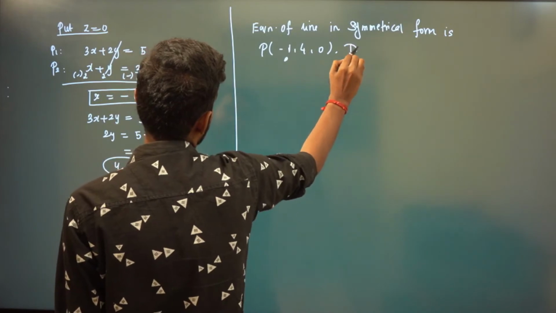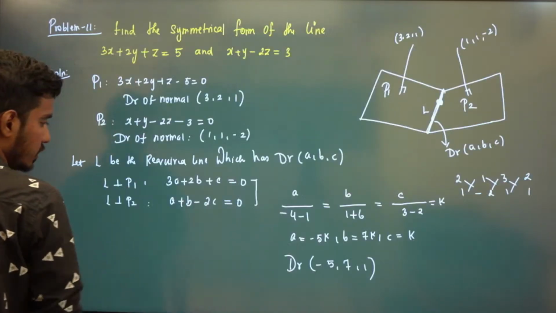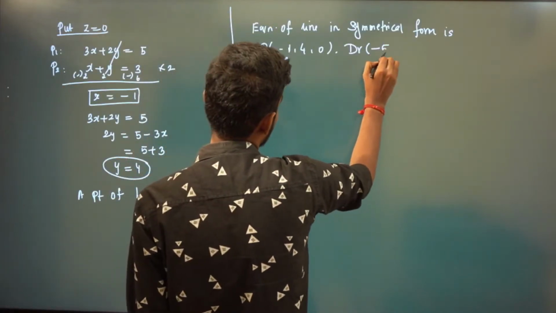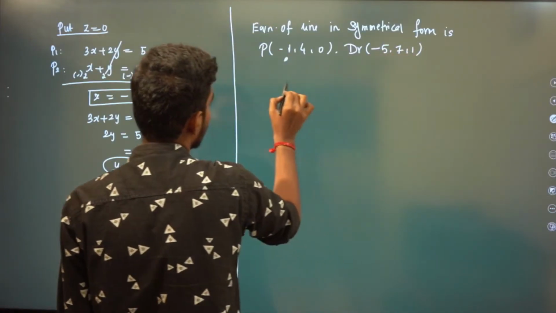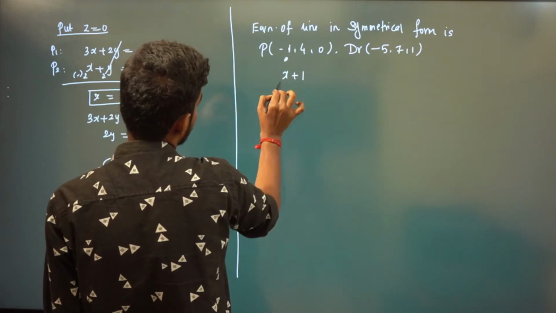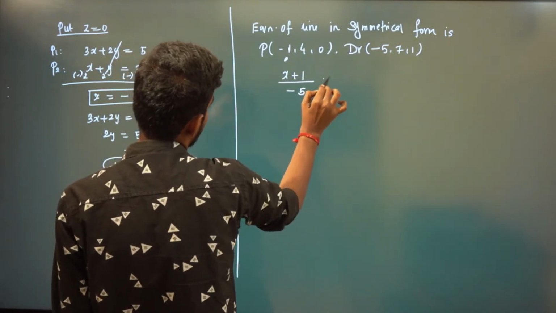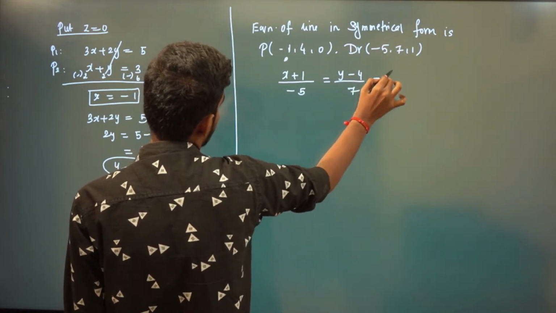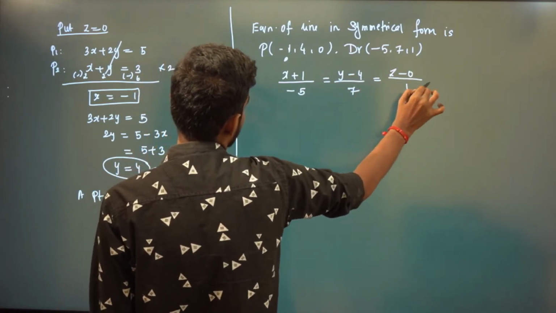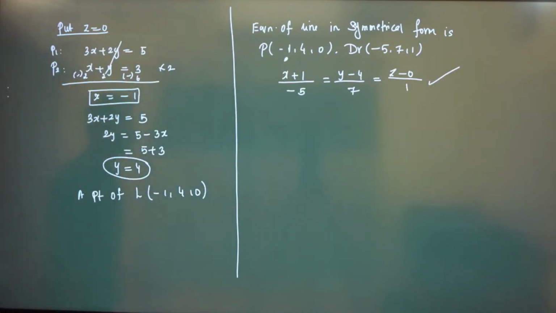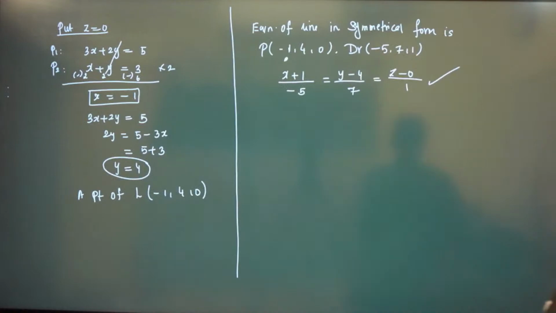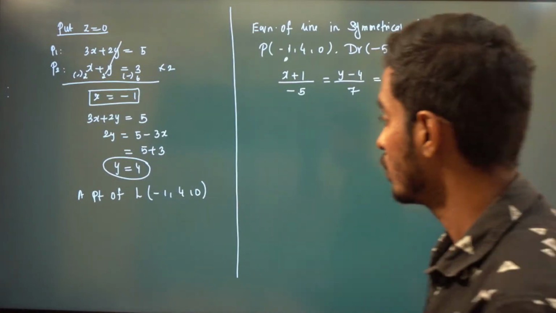And you know the direction ratio of the line is minus 5, 7, 1. So therefore it will be x minus alpha divided by a, y minus beta by b, z minus gamma divided by c. This is the equation of line in symmetrical form. It need not be unique. Depending upon the point that you are taking, it will vary.